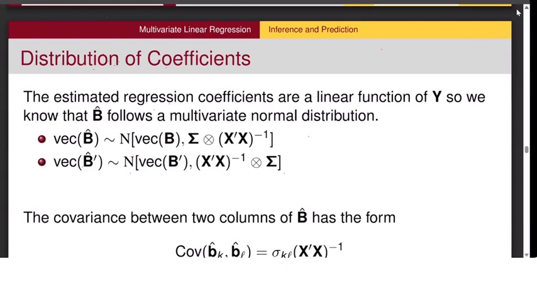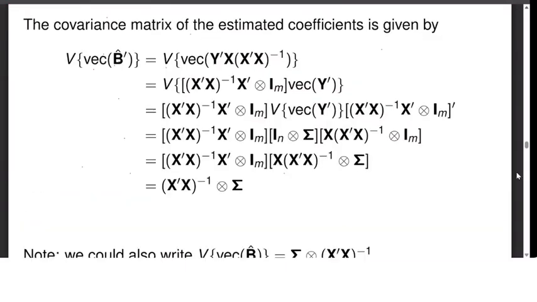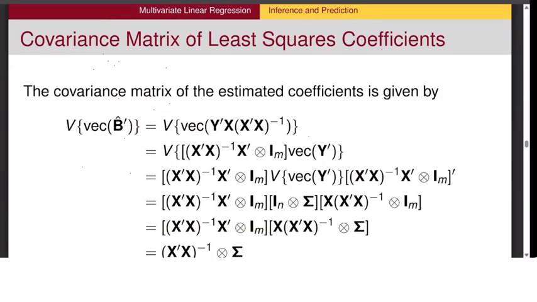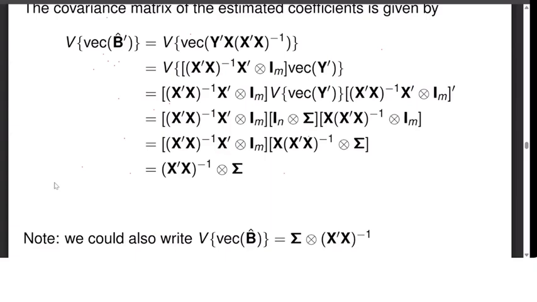Now, please, I need you to pay attention. This is a derivation. You remember the other time when I was walking you through single response, the variance of Y. Let me remind you. For single response, the variance of B cap is sigma squared X prime X inverse.